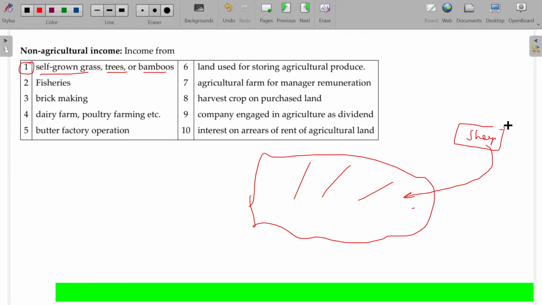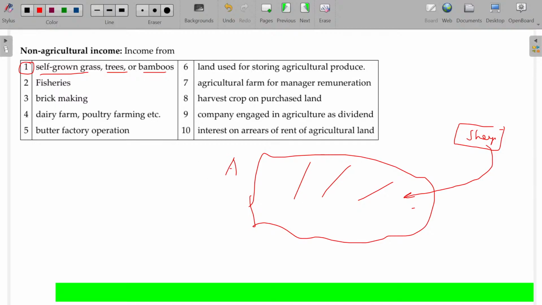Who has to pay the money? Landowner or sheep owner? Why? We are giving our grass to the sheep.